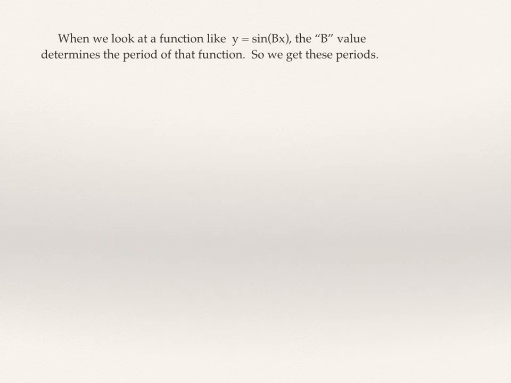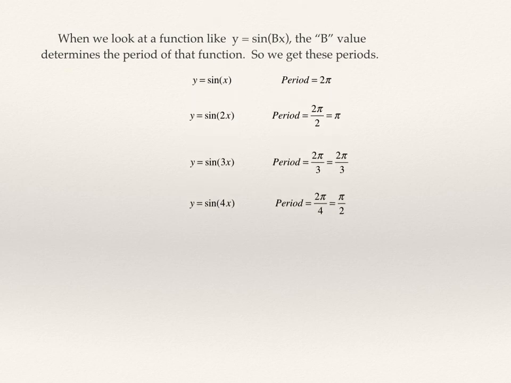So when we look at a function like y equals sine of bx, we know the b value determines the period of the function. We're used to getting things that look like this, right? If I have y equals the sine of x, the period is just 2 pi. But when I get to the sine of 2x, the period now becomes pi. And when it's the sine of 3x, we get a period of 2 pi over 3, or 4x, we get pi over 2.